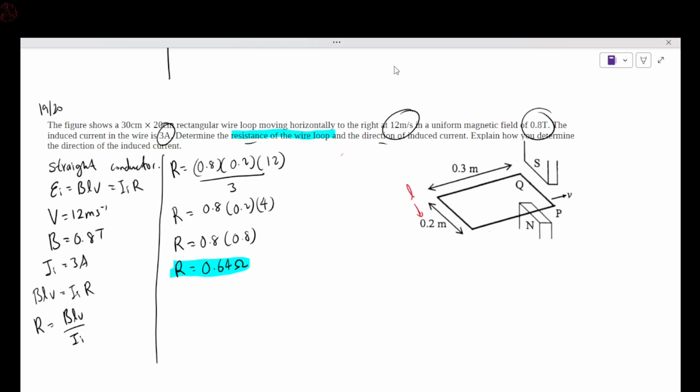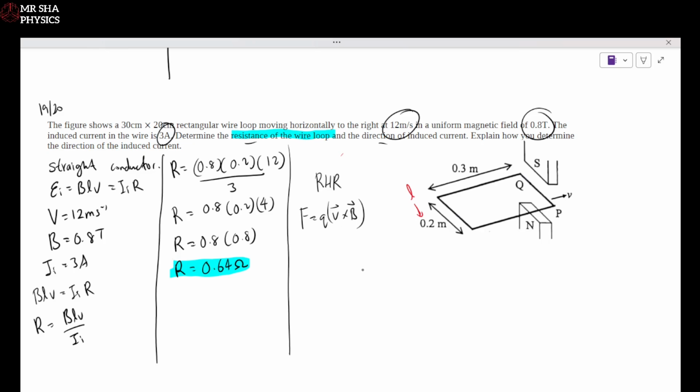of the wire loop. Okay, and then for the direction of the induced current, I will use my right hand rule, reminiscing of the previous chapter, where F equals QVB. This just gives us the direction of the current.